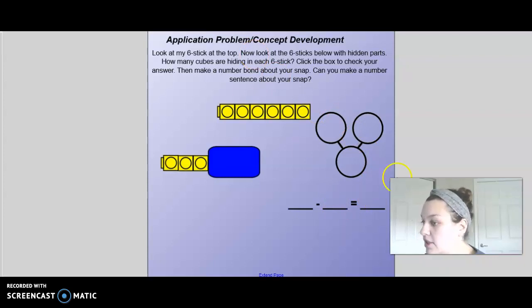So let's get started. We have 6, and we know that's our whole. Let's write a 6 in our number bond. In our number sentence, we know it's a whole minus a part equals a part, so let's put our whole in here as well.